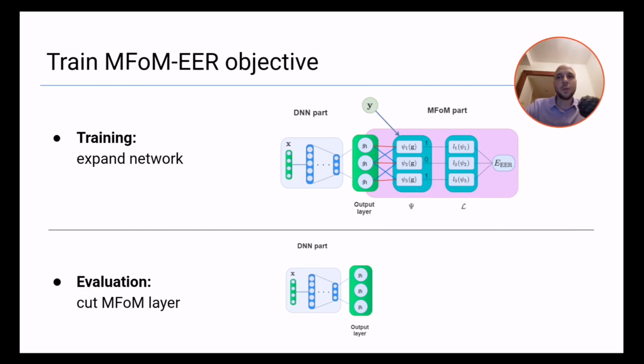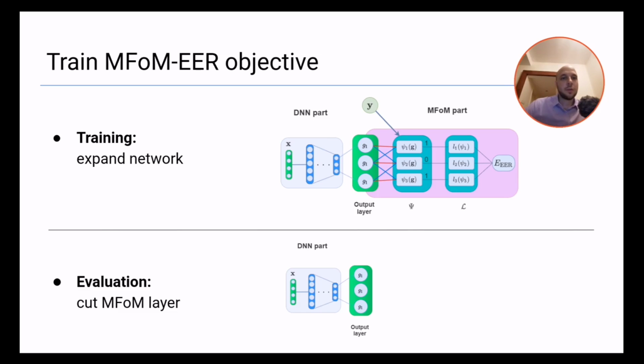Here I show how we train the maximal figure of merit equal error rate objective within the neural network. During the training phase, we have a DNN part and an MFOM part. So we forward our samples through the neural network, then we get output scores on the output layer, then we calculate misclassification scores and smooth L-scores, and then we calculate our objective function.